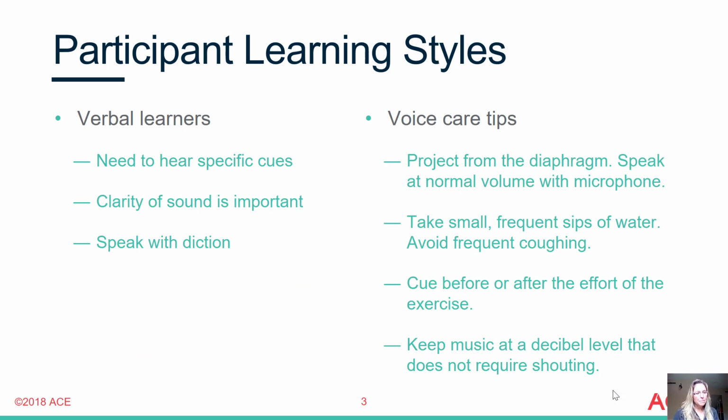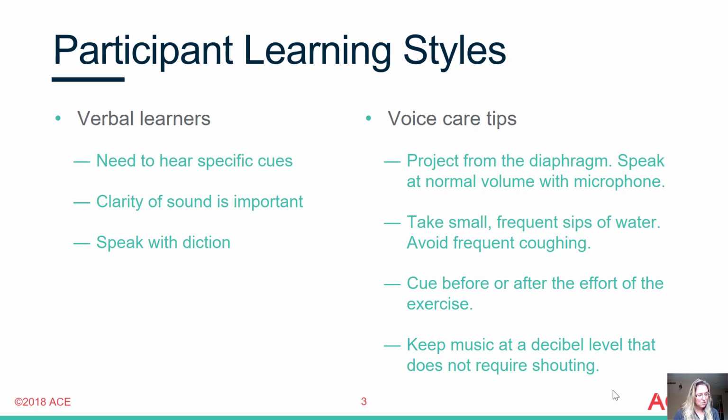So participants have really three different learning styles. We have the verbal, the visual, and the kinesthetic learning styles. The manner in which cues are delivered in a group fitness class is based on the three ways that people learn. Most participants can use all three techniques to varying degrees and assimilate a range of different types of cues.